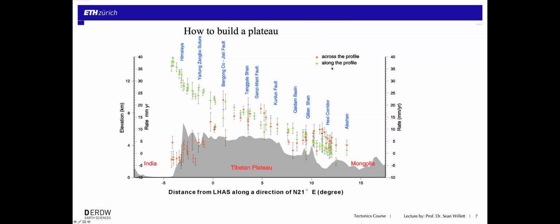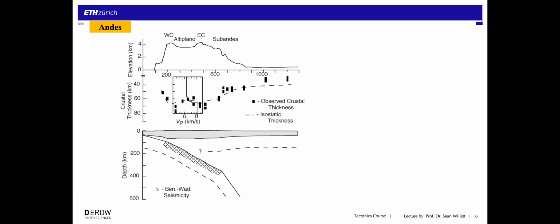This is along the profile that's running north-south, and across the profile is the orange points. So there is a velocity gradient from high velocity of India down to low velocity in Central Asia. And we also have some lateral motion of material in and out of the plane. That's showing that this deformation, in fact, is extending all the way across Southern Asia for several thousand kilometers. The Andes is a similar story.